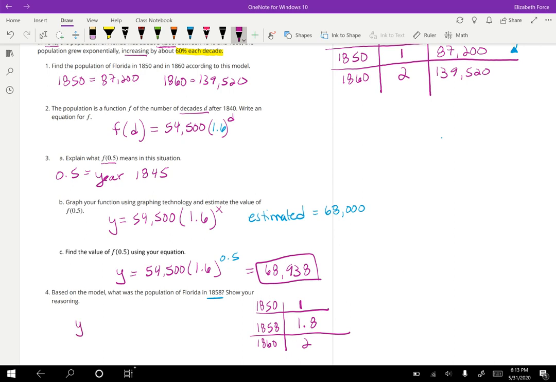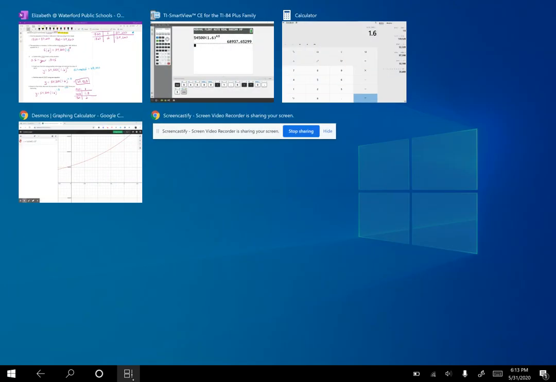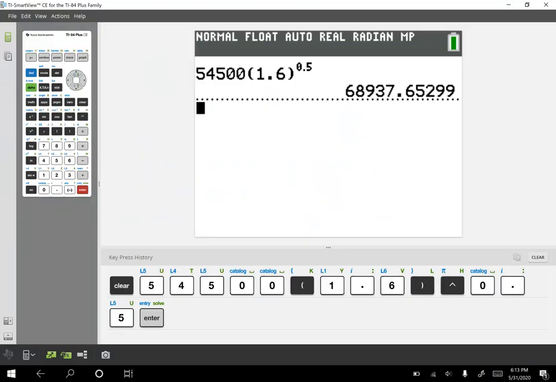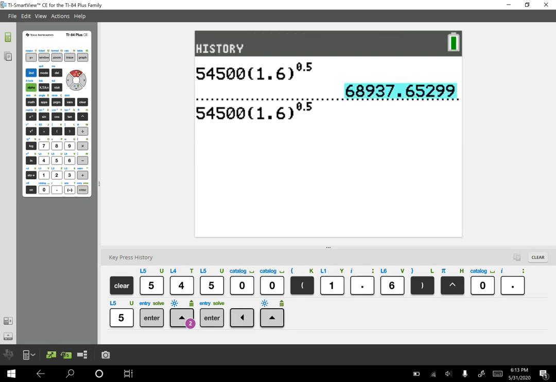And I'm going to come over here and figure it out with my calculator. 54,500 times 1.6 raised to the input value of 1.8. And this is why this lesson is all about rational exponents, exponents that are not pretty whole numbers. The fun part about your graphing calculator, copy and paste. Bring it on up, hit enter, change this to be 1.8.